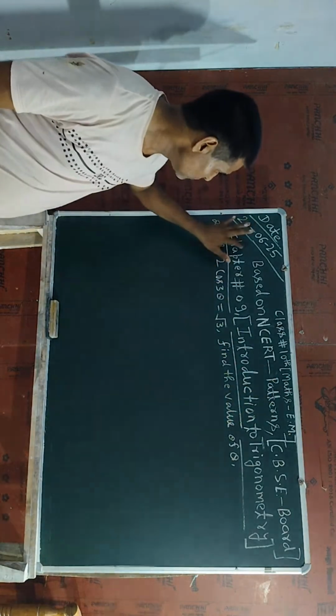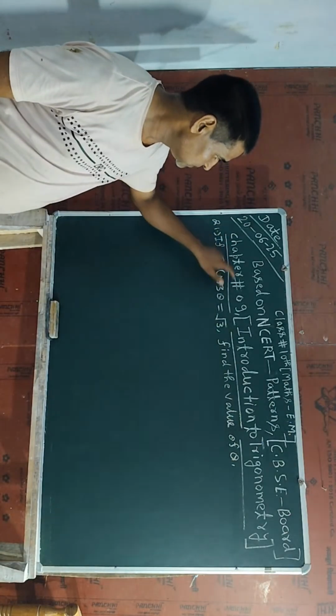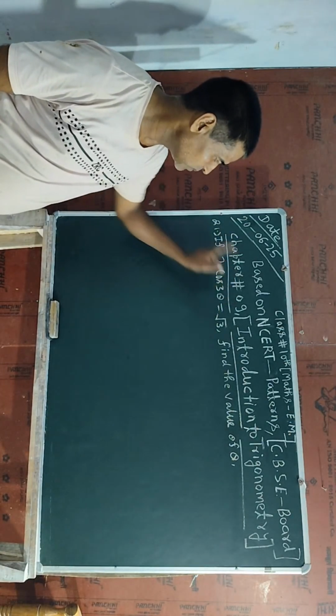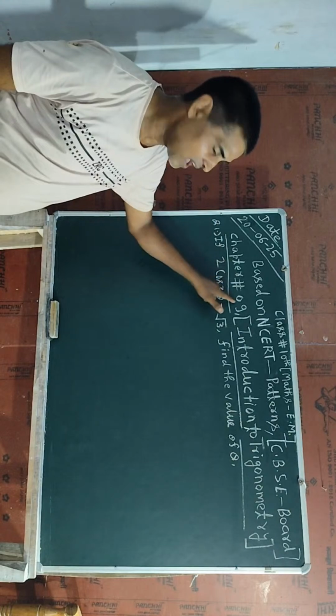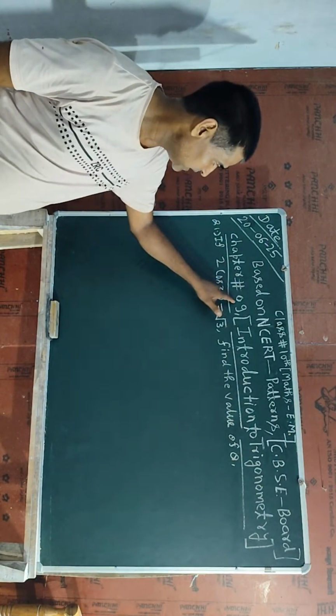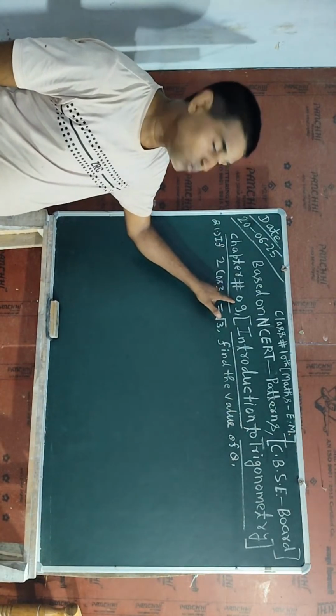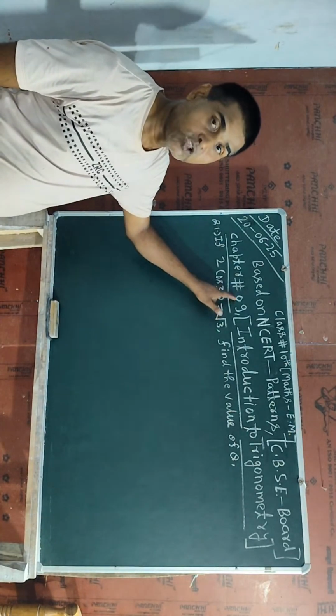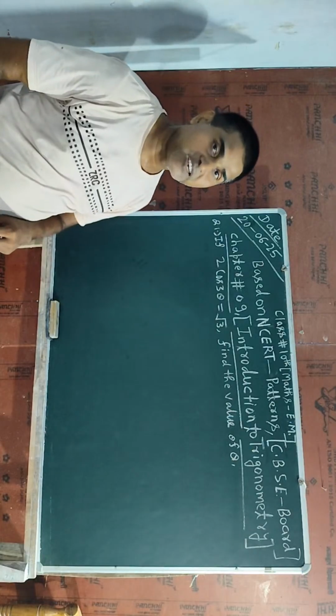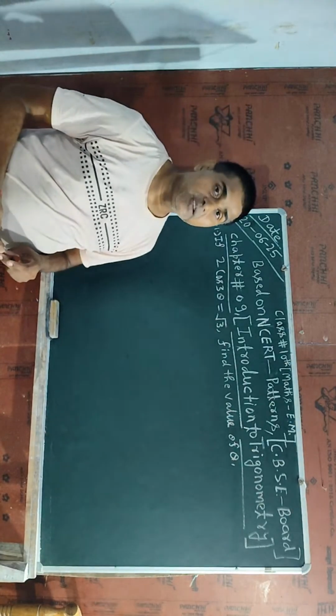Here I am going to explain chapter number 9, because chapters 1 to 8 I have already explained previously. Any student who left those chapters, you go to my channel and read.